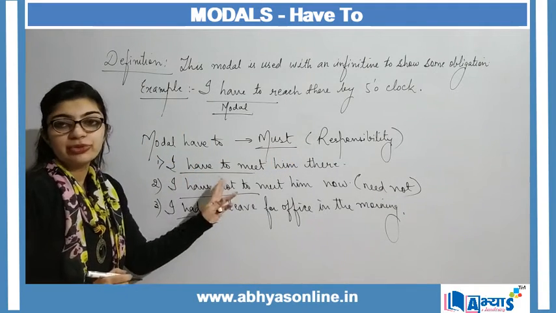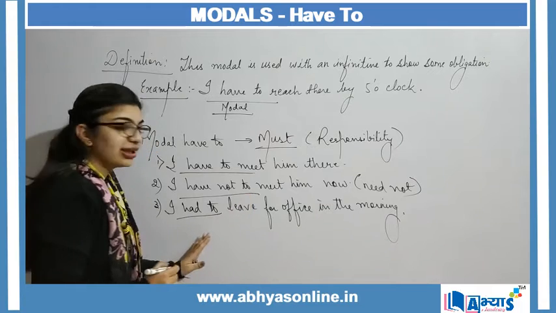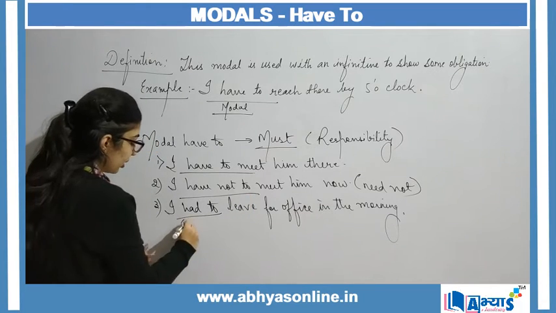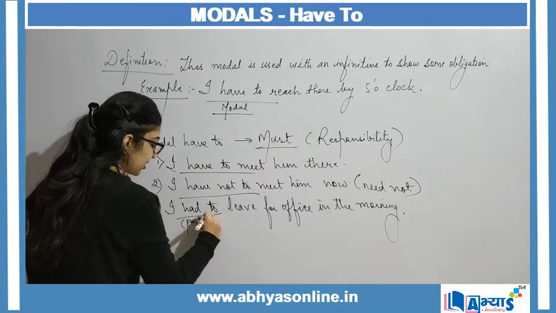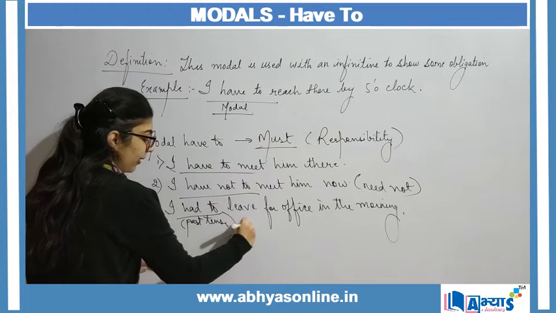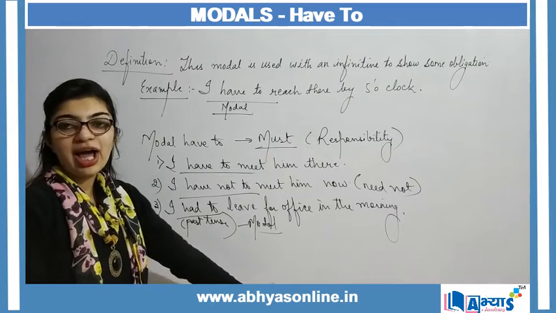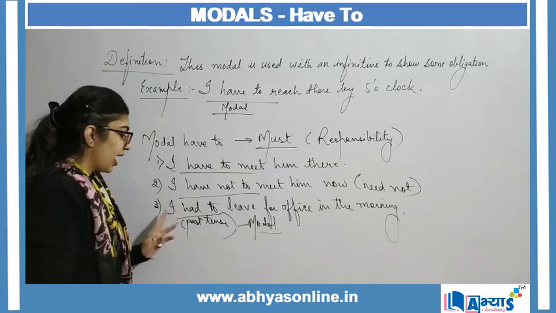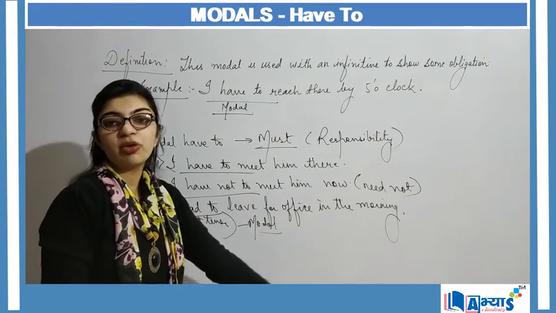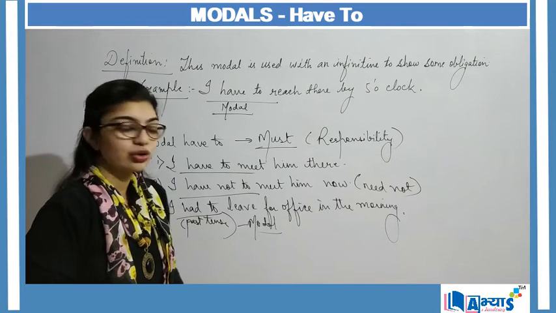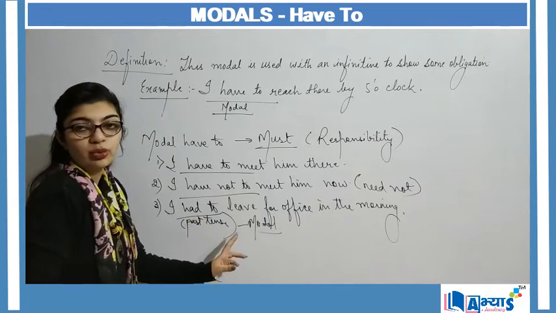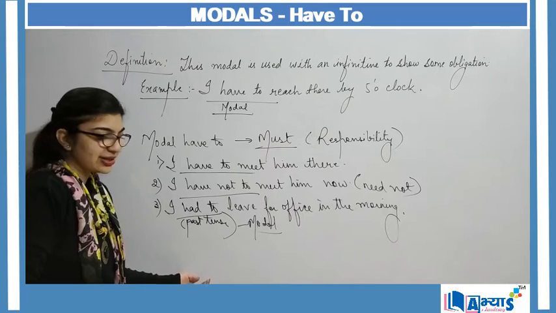Here have to is for the present and here had to is for the past. So this is my past tense, but my modal is the same. So the modal have to is used in a past tense. I had to leave for the meeting in the morning, but I did not. So I had to here indicates the past tense.